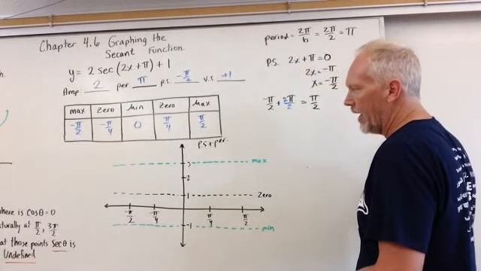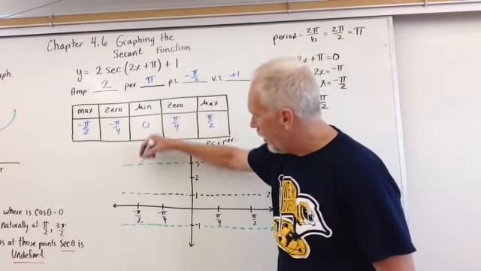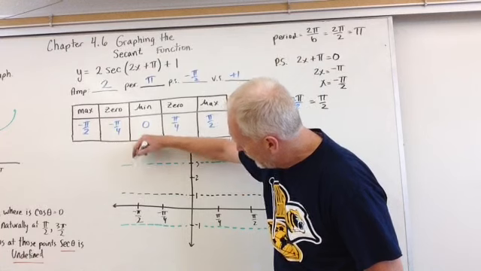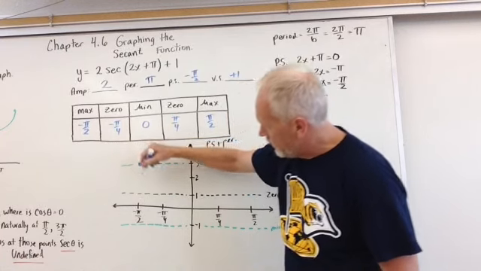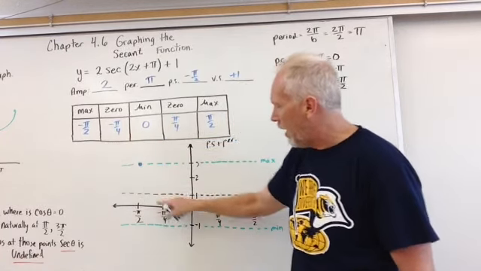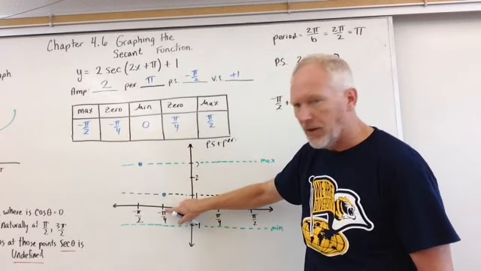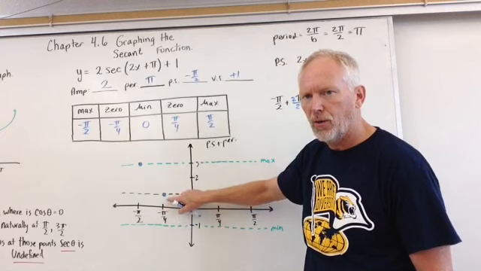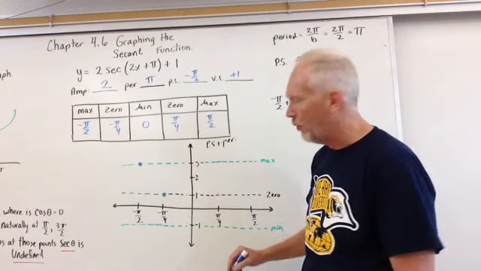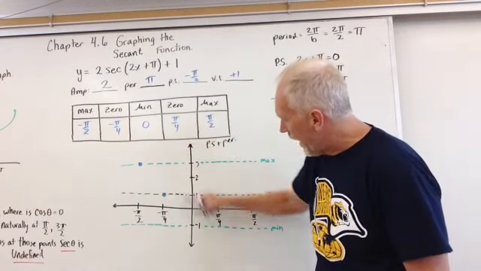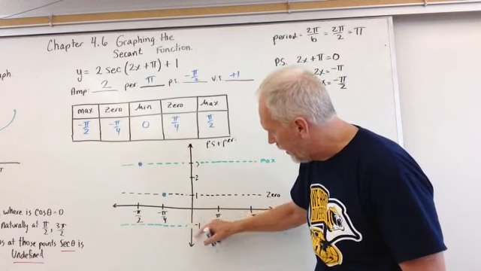So if we look at -pi/2, we are at a max. So I'll put my max dot there. At -pi/4, it comes down to a 0. Don't forget, not this 0 line, not the real 0 line, but the new one that we moved everything up for. Then we have a minimum at 0, so that's going to go right there.